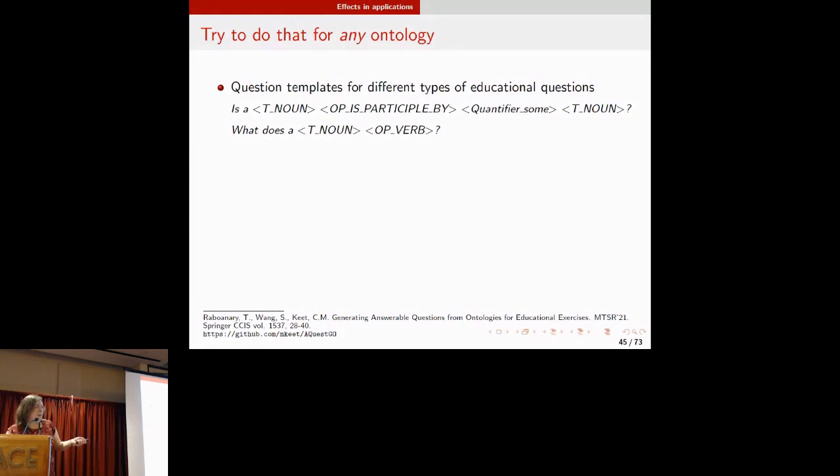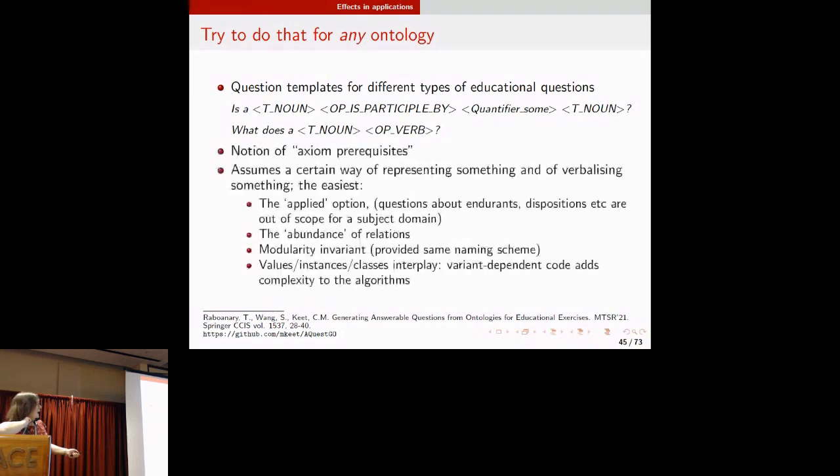So we designed question templates for that, for 10 different educational questions. Here are 2 examples given, again separating the language layer from the ontology layer. And we had a notion of axiom prerequisites, which axioms have to be present to be able to formulate that question and to have that answer in our ontology so we can generate the answer.